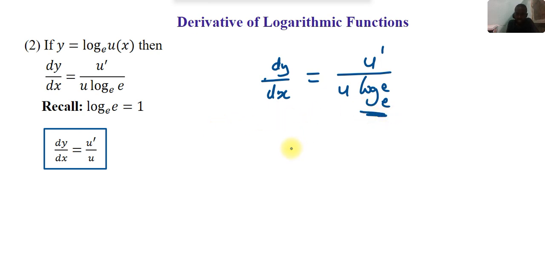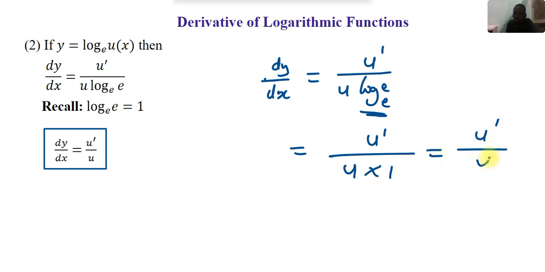Okay, now in that case I will write this as u prime over u multiplied by 1. So you will end up having u prime over u. Okay, so just keep this in mind. These are the two key things that I'm going to make use of as we go on.